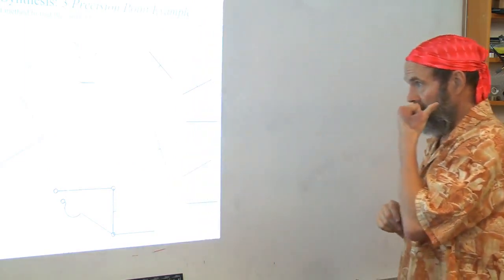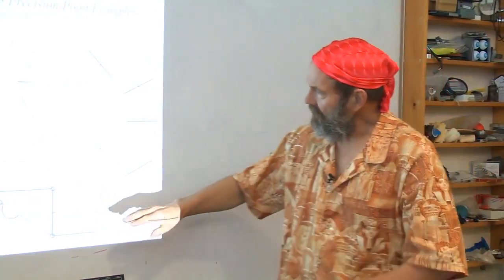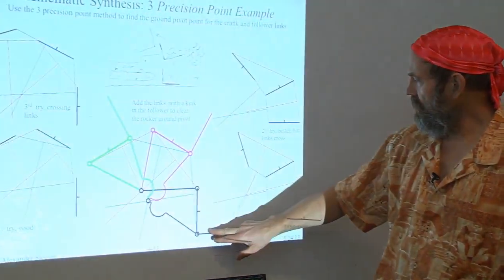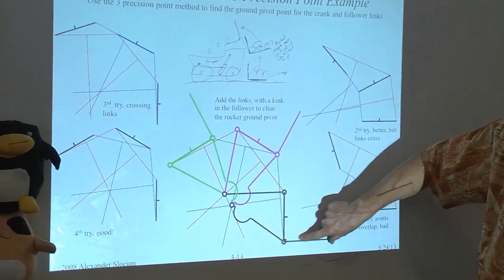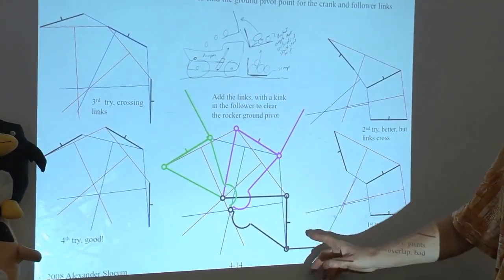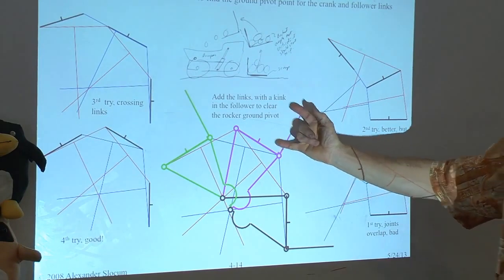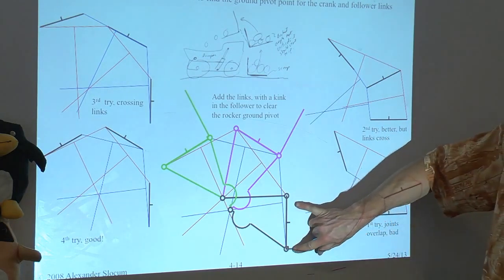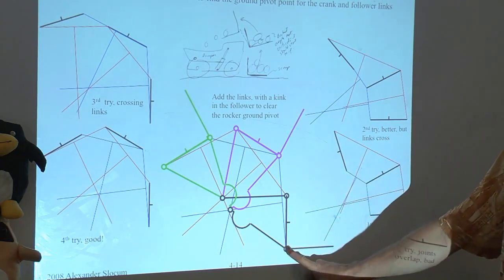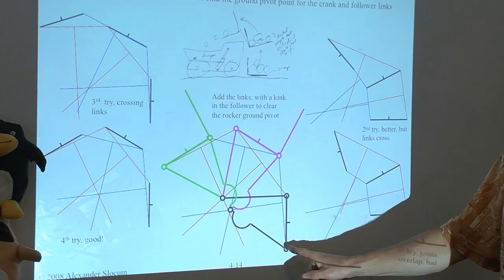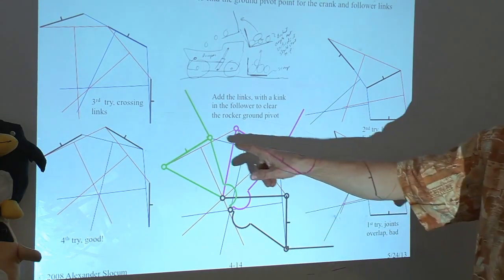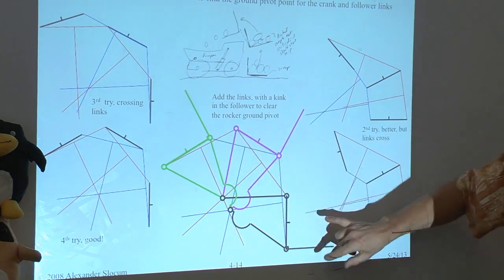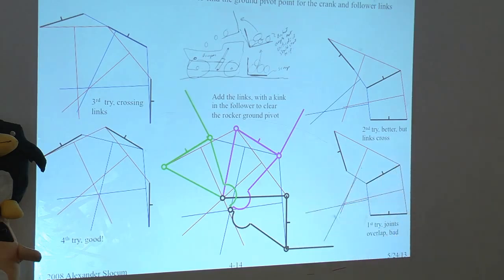Okay? So what we want to do is we want to envision, you see here I start with this black link set at this point, and I want to bring it up here and swivel, and then dump. And what do I want my links to look like? Well, if you think about it, let's just pick one point here. And I want this point to go here, here, here. And this is my follower link.